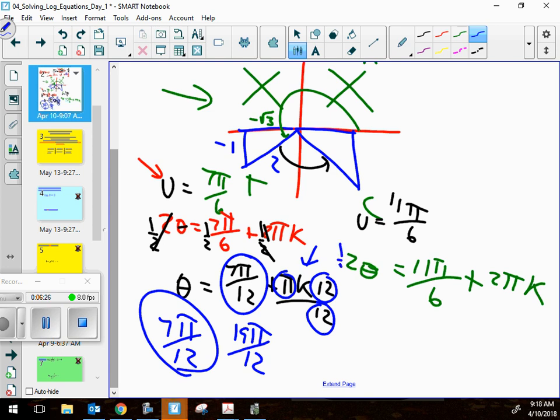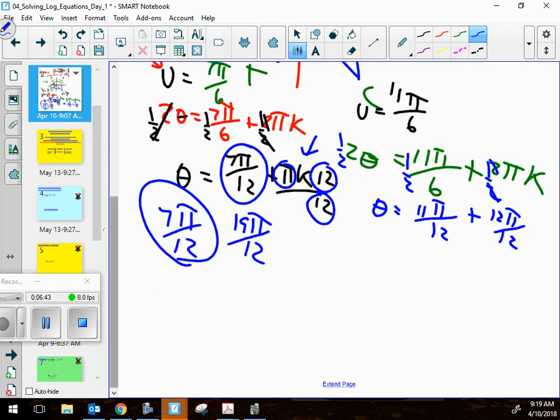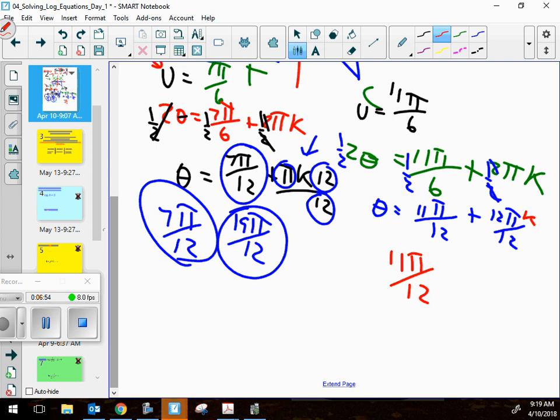This one, I'm going to multiply everything by a half, and a half, and final answer, theta, is 11 pi over 6 times 2 is 12, plus pi, because the 2's cancel, but I want that to be 12 pi over 12. Then I got these 2 answers from the left side. Now from the right side, I'm going to get 11 pi over 12 for the first one, because if I think of this as k being equal to 0, this first part drops off.